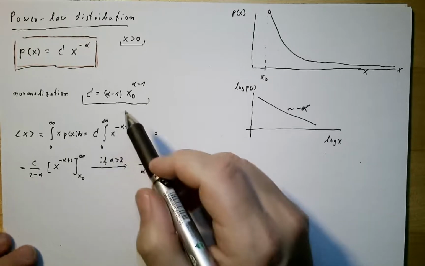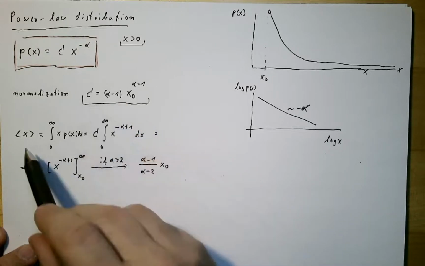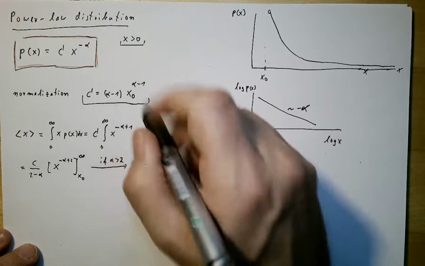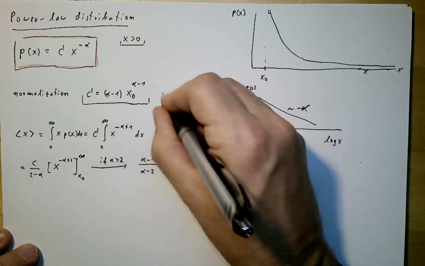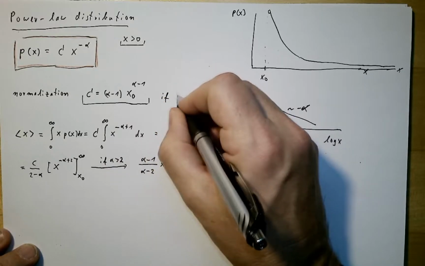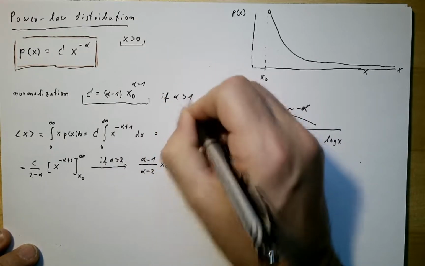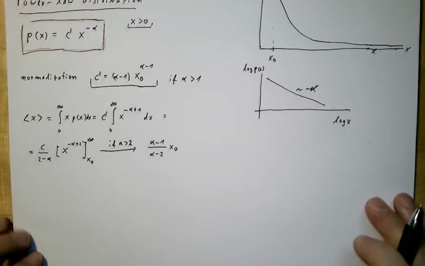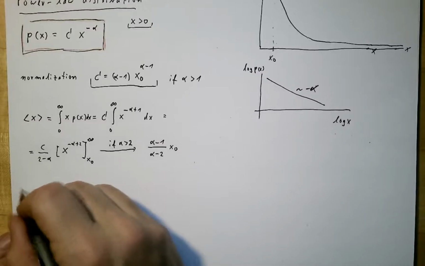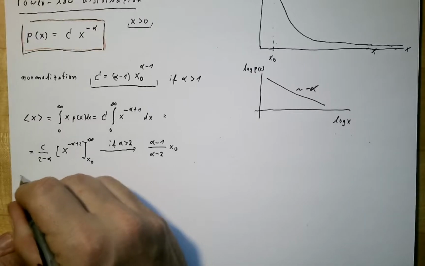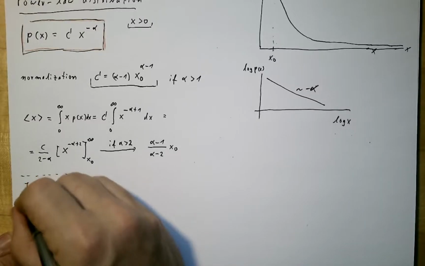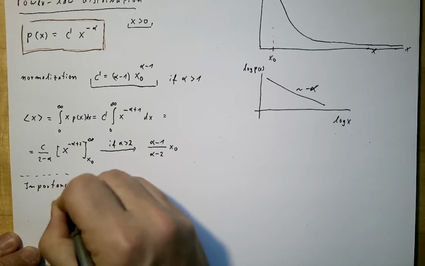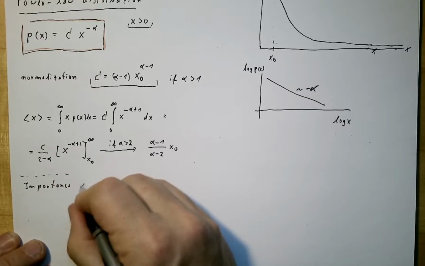Actually, what I didn't say here is that when we calculate the same thing for the normalization, this only works if alpha is larger than 1. So maybe let's write this down. What is the importance of this critical exponent alpha?